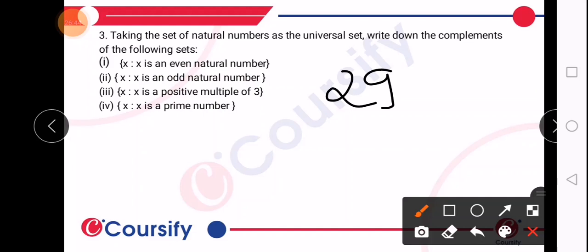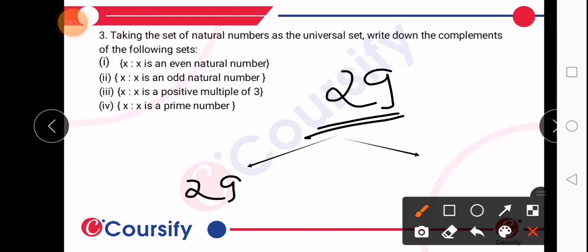Now 29 is a prime number because there are only two factors to this number: the number itself and 1. Any such number in the real numbers, if it has only two factors, the two factors being itself and 1, then such a number is called a prime number.